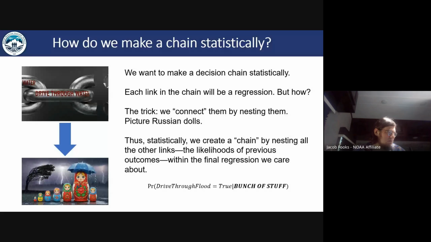Now, if we think about how we are going to do that statistically, probabilistically, a helpful way to think about this is that we're going to start with just the outcome that we want. We're looking at the probability of a particular person driving through a flooded road, and we want to know the probability that will happen, conditional on a bunch of stuff.